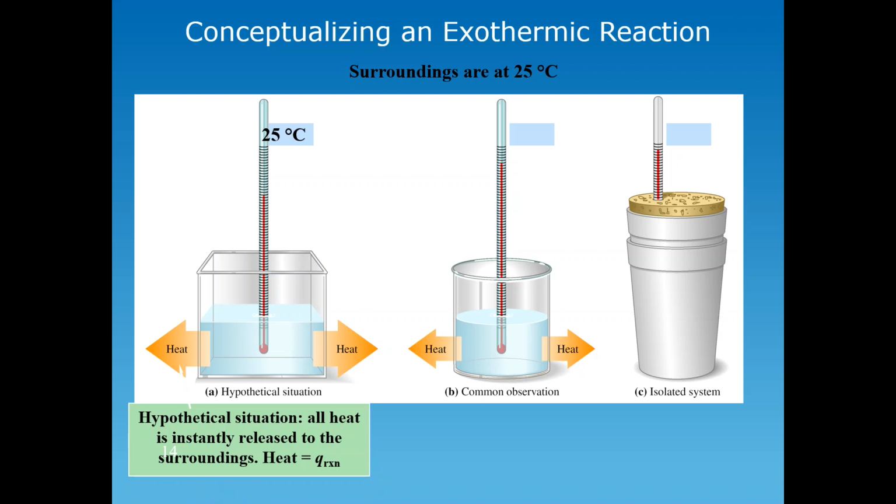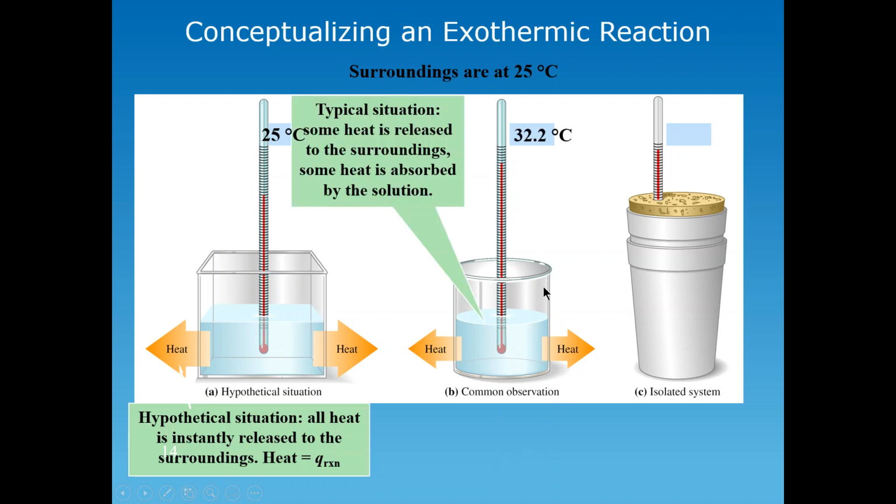That is purely hypothetical. Very unlikely to happen, because most often than not, in real life, what will happen is described in the second case right here. So in the second case, what happens is that not all the heat will be released to the surroundings. Some of it will be absorbed by what is remaining in the vessel, right?